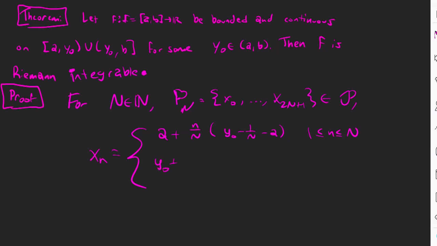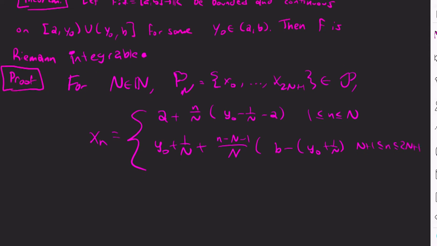And y naught plus 1 over n, then up to b, with n plus 1 less than or equal to n less than or equal to n plus 1.